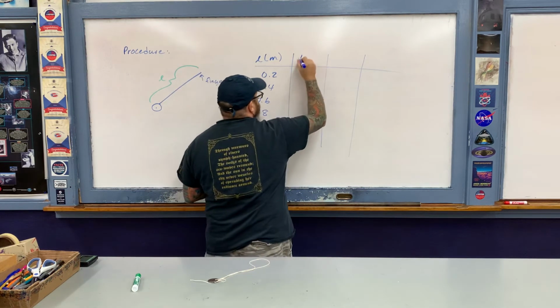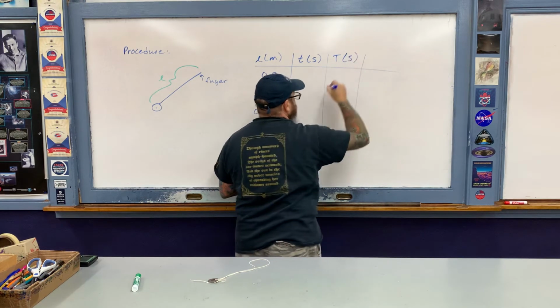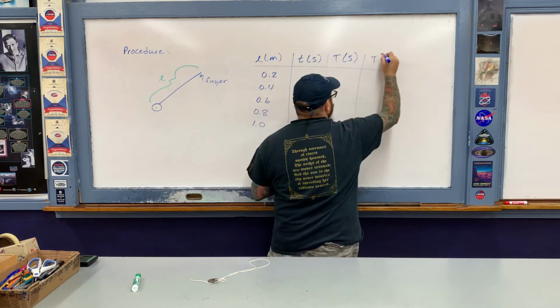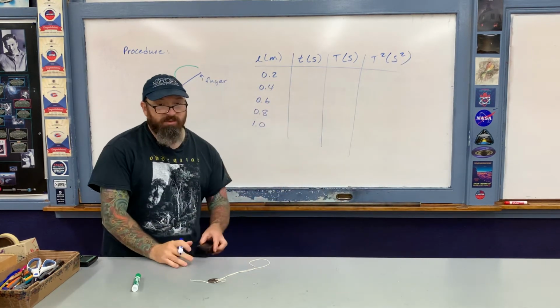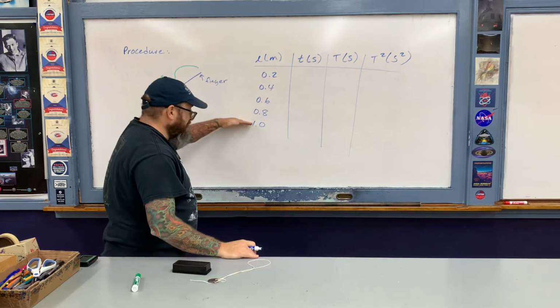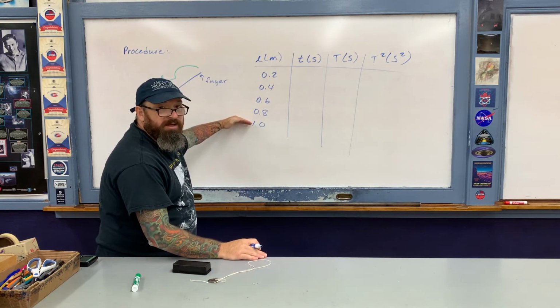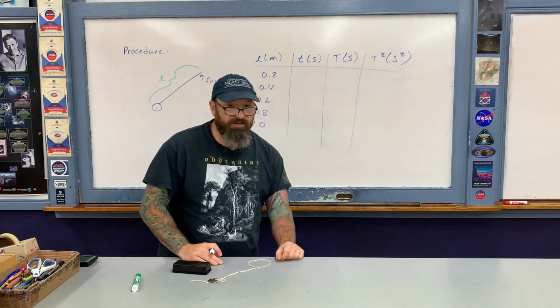Then here is small t, the time in seconds, big T, the period, in seconds, and then when we get to the graph in just a few moments, you have to calculate the period squared. When you gather your data, by the way, you may want to start down here at the bottom of the table with a 1 meter length pendulum, and then just cut it like so as you work your way up in this direction. That's perfectly fine.